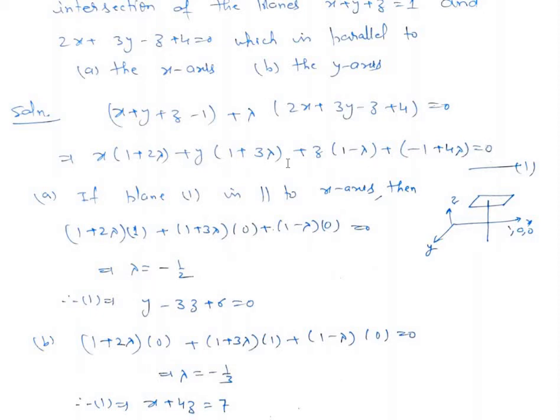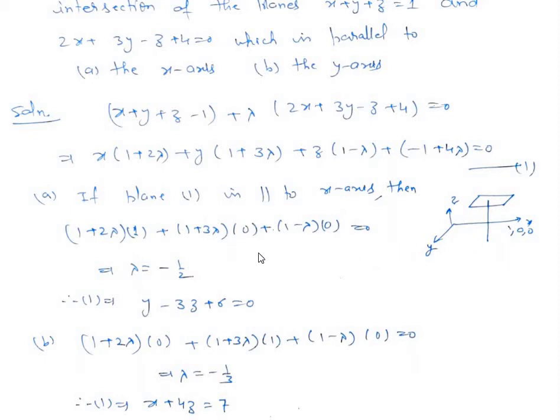Now it is given that this plane is parallel to the x-axis in the first part. Now if the plane is parallel to the x-axis, then the normal of the plane will be perpendicular to the x-axis. Now direction ratios of the x-axis are 1 0 0 and direction ratios of the normal to the plane are 1 plus 2 lambda, 1 plus 3 lambda, 1 minus lambda.